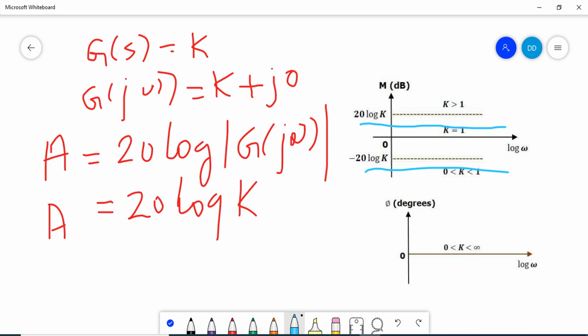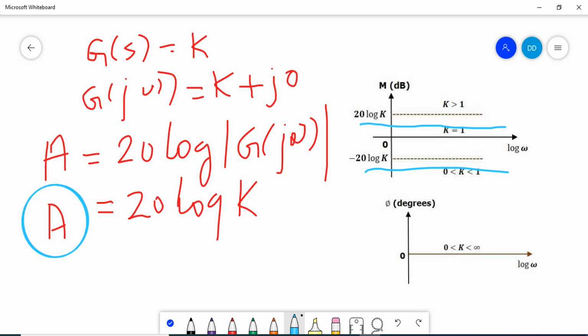So irrespective of whatever the frequency is, the magnitude is either positive, negative or equal to 0. That means to say the magnitude A is independent of log omega.